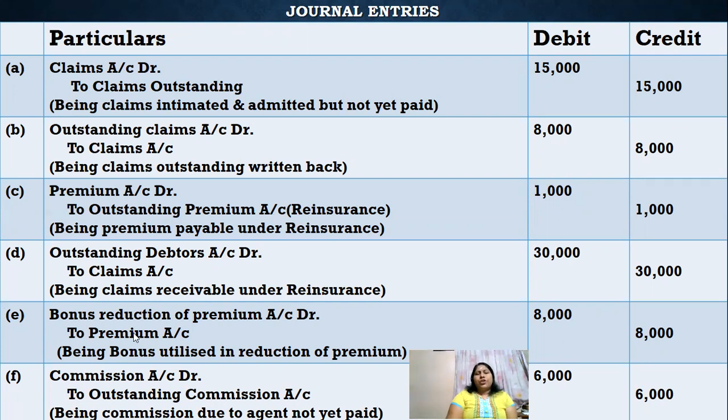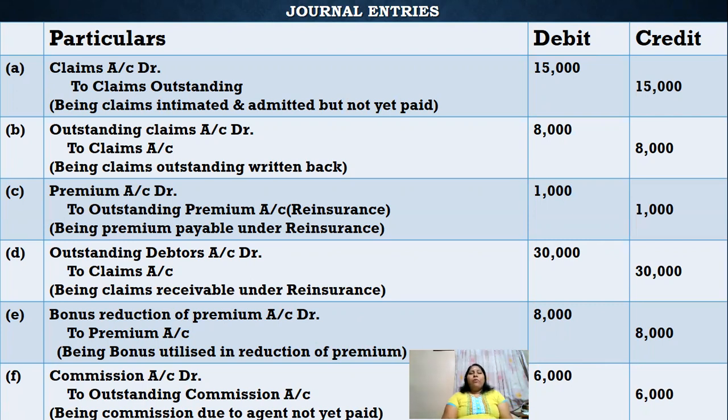Next is bonus in reduction of premium. Whenever you have a bonus in reduction of premium, the entry will be bonus in reduction of premium account debit to premium account. The respective amount you need to transact here, being bonus utilized in reduction of premium. In case of any commission that you are paying to your agents, the journal entry will be commission account debit to outstanding commission account.